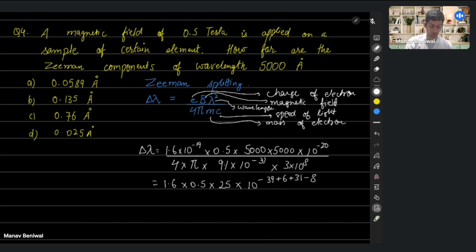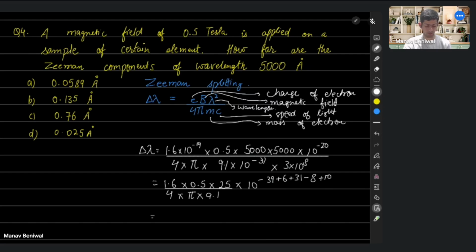This will come out in meters, so if you want to convert it into angstroms, we multiply it by 10 to the power 10. Then we divide this by 4, pi and 9.1. Okay, yeah, looks good.